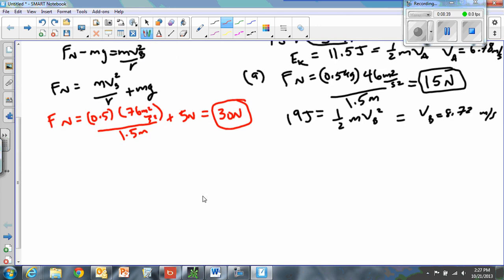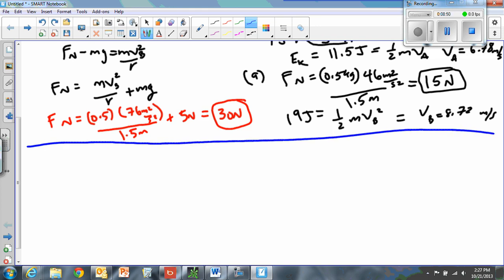So to do that, I've got to do a couple of things. I've got to figure out the velocity. Let me do this in a different color. So this is part B. I've got to find the velocity at point C such that the normal force is 0. Well, when it gets up there to point C, if we draw a little diagram, there is mg down and Fn down.